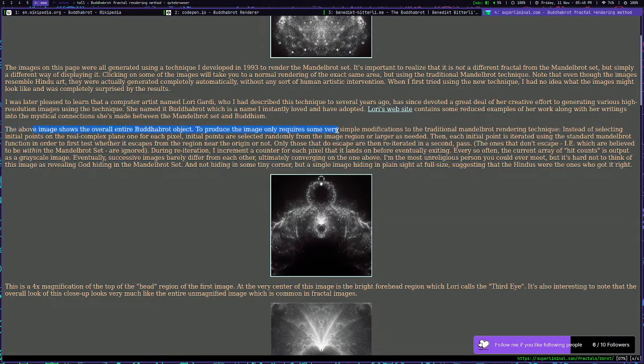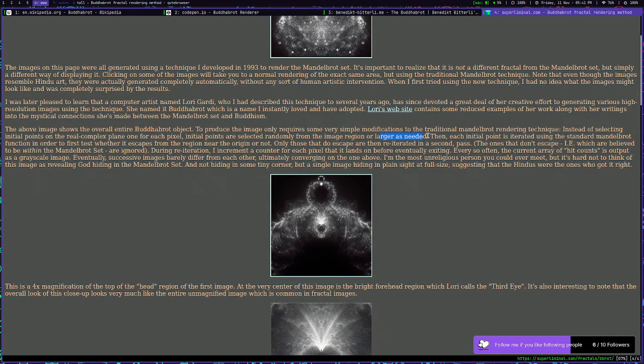The other shows the overall entire Buddhabrot set. To produce the image only requires some simple modification. Instead of selecting initial points on the real complex plane for each pixel, initial points are selected randomly from the image region or larger as needed. Okay, that's something we're not doing yet.